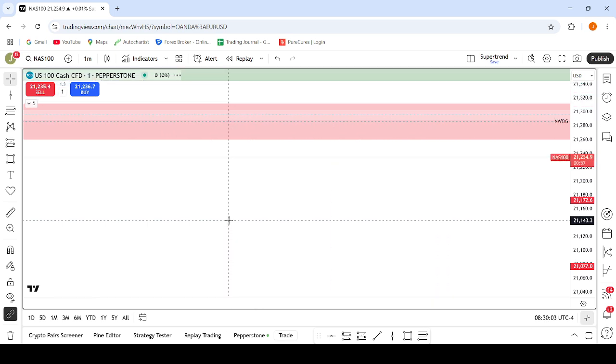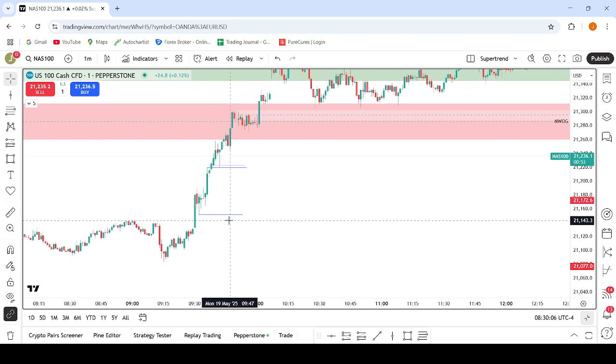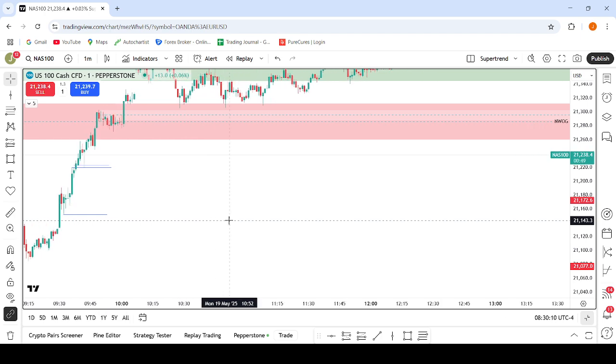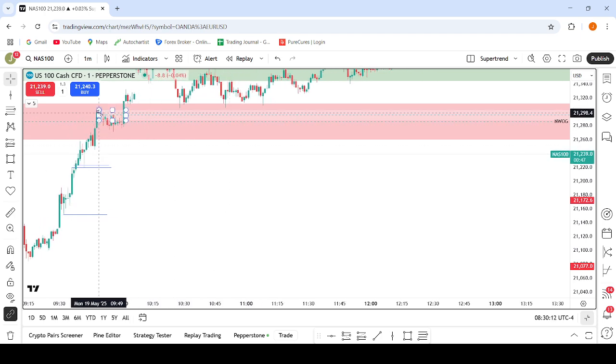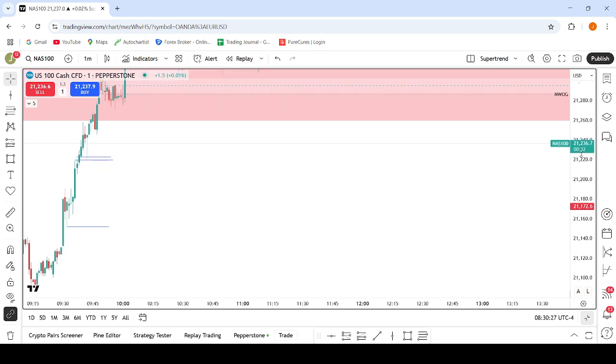Tuesday. Here we go. You see? That was the breaker. So high, low, higher high. That was the breaker candle at 9:48. That's interesting in itself.